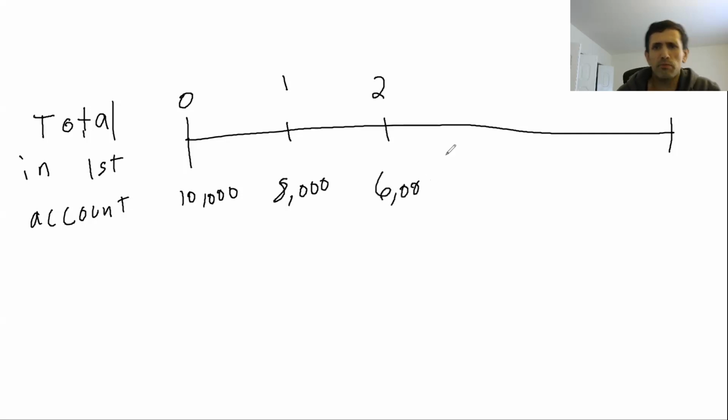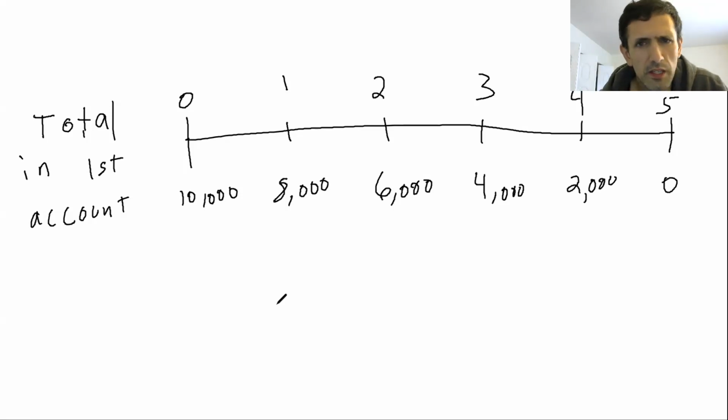Just keep going. It's pretty clear that the first account will be depleted at the end of the 5th year. This is 4,000, 2,000, keep subtracting 2,000, and 0.